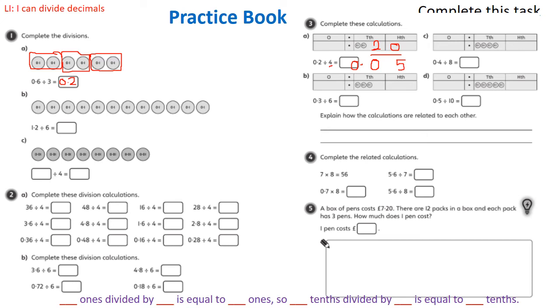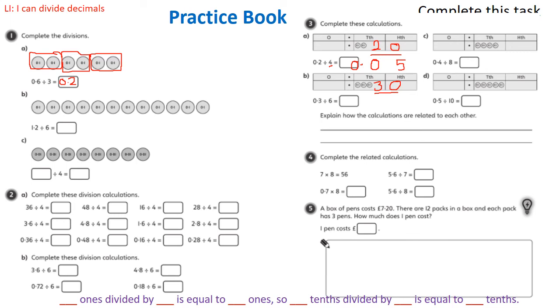So this time we've got 0.3 divided by 6. So we're going to have to make it into hundredths. How many hundredths have we got? Well, if we've got 3 tenths and 0 hundredths, that means we have 30 hundredths.